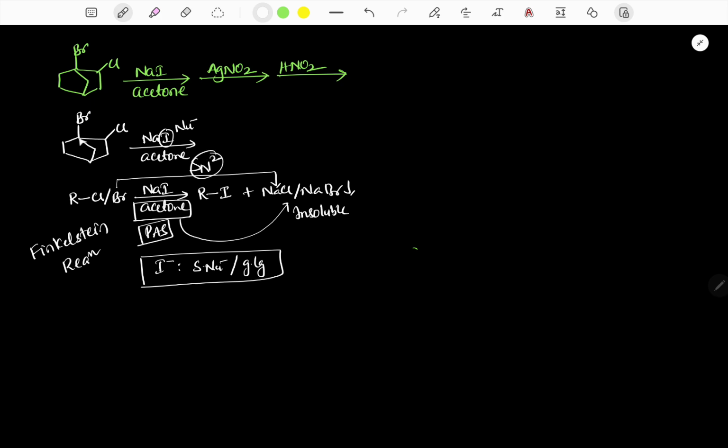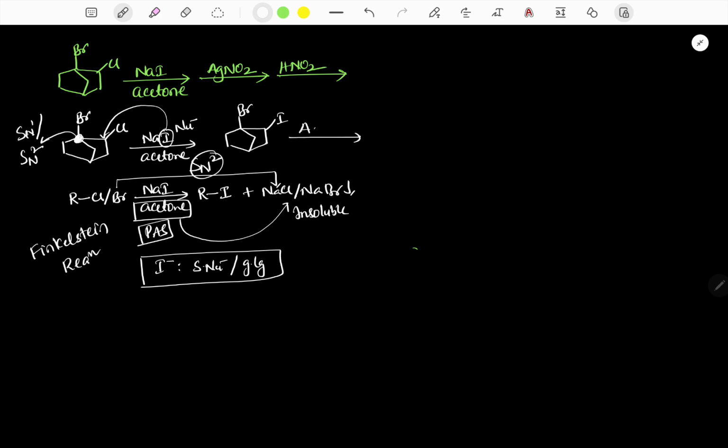And we know that if the leaving group is present at the bridge carbon, this carbon does not undergo SN1 reaction as well as SN2 reaction. Therefore, only I minus attacks at the chlorine connected carbon, and finally it gives corresponding iodide at the chlorine connected carbon.